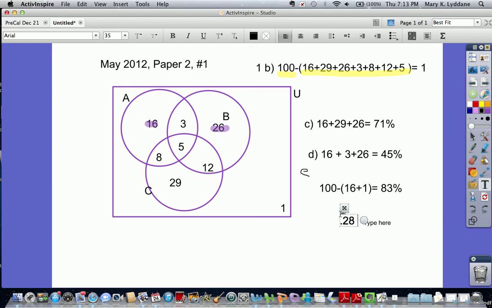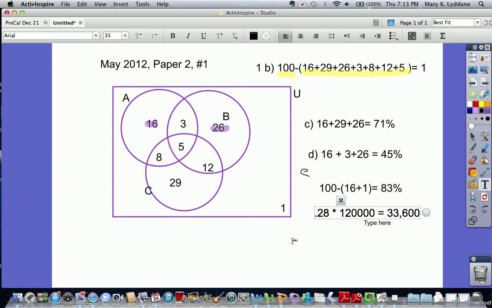times 120,000, and that's equal to 33,600.